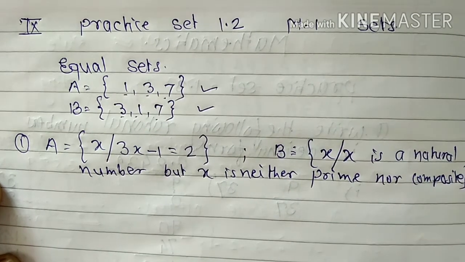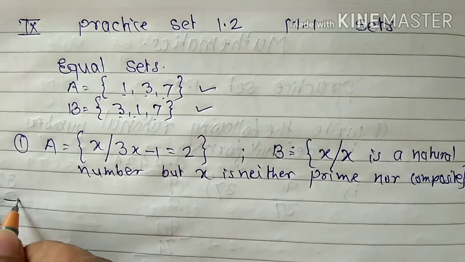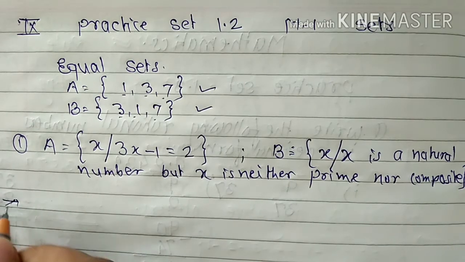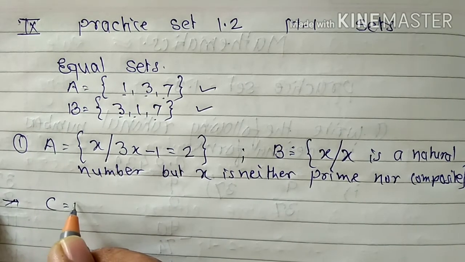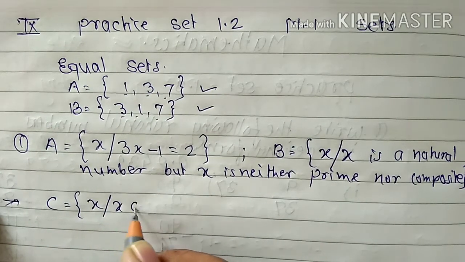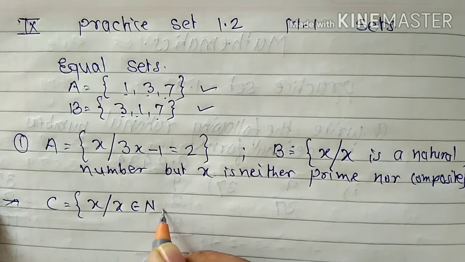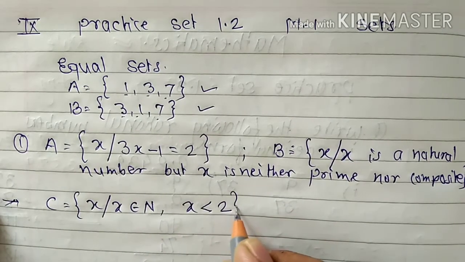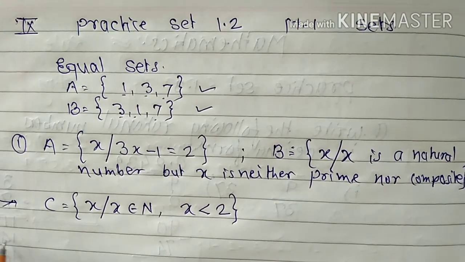Okay, now first I am writing set B. Another set is there, set C. Suppose set C is x such that x is an element of N, that is natural number, and x is less than 2. Okay, let us solve first.